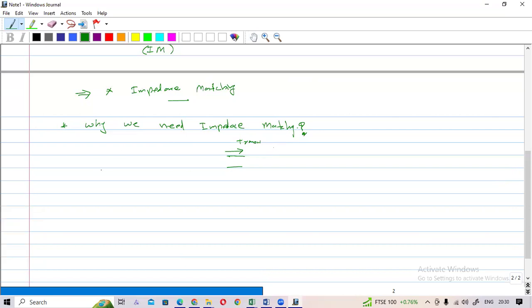Okay. For example, if you have a signal generator, in our labs we have the signal generator. We get the signal from the output of the signal generator, and if you connect it to the antenna, okay, then the antenna will transmit this signal. So here you have the signal generator, and here you have the antenna.